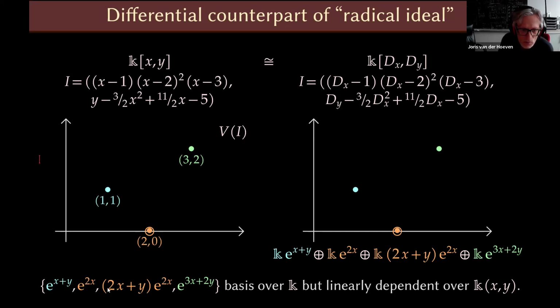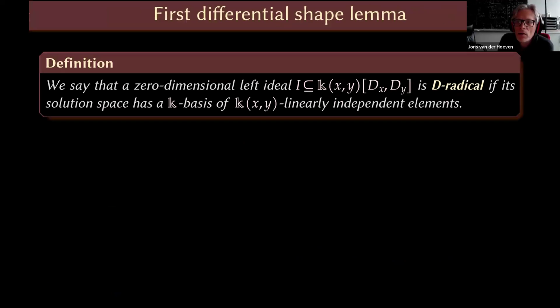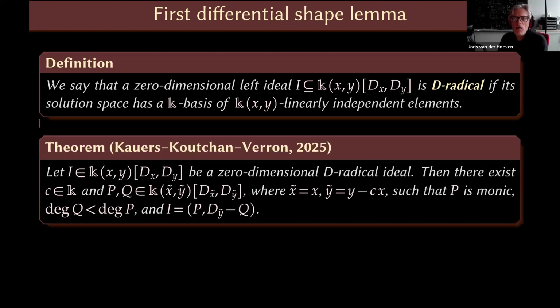There are also these polynomial parts in x and y, and in particular, the basis elements here are not linearly independent over the rational functions in x and y. Okay, so the inspiration of my talk actually came from the following theorem.